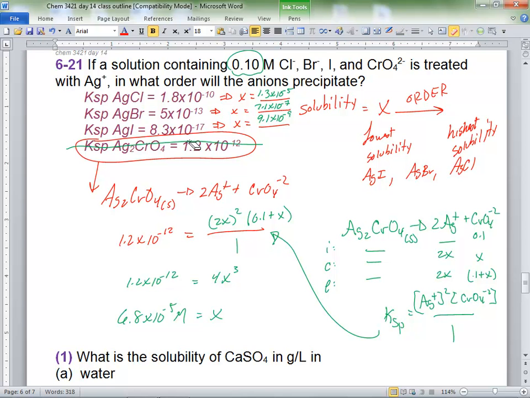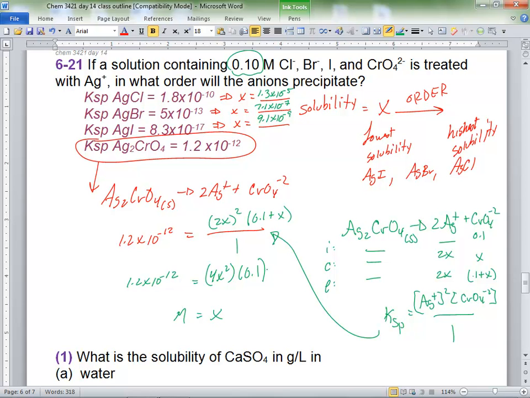Wait a minute, we were close. We didn't do it quite all wrong, right? So we'll have 4x squared times 0.1. Yeah, and drop our x. Will that 0.1 have any effect?